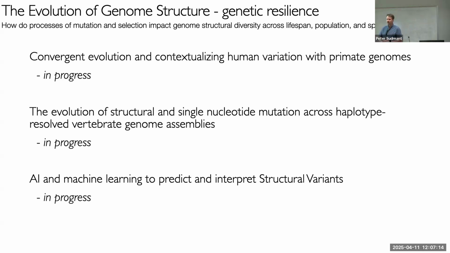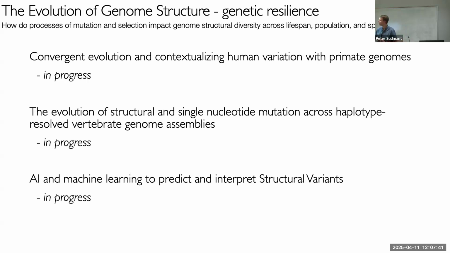What I wanted to talk about today was three incomplete things, because that's what this is about: talking about stuff that's not totally ready for the world, and what's exciting and new. I'm really excited right now about structural variation. I want to talk a little bit about some primate genomes we're building, and this really exciting time we're at. I know a lot of folks here are really into T2T genomes and pangenomes.